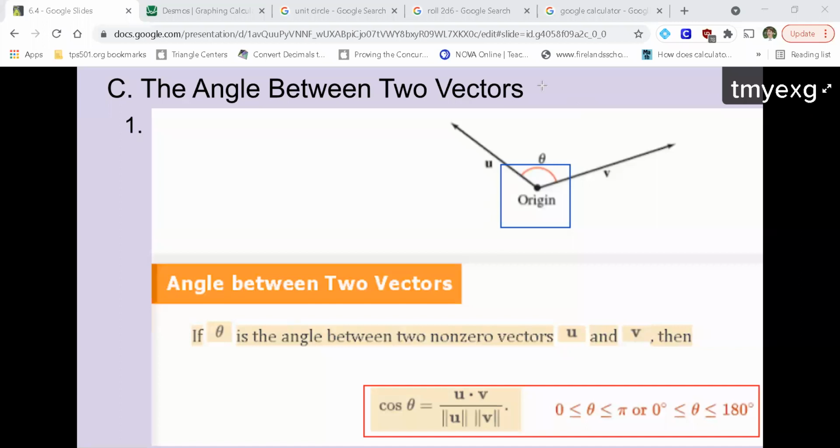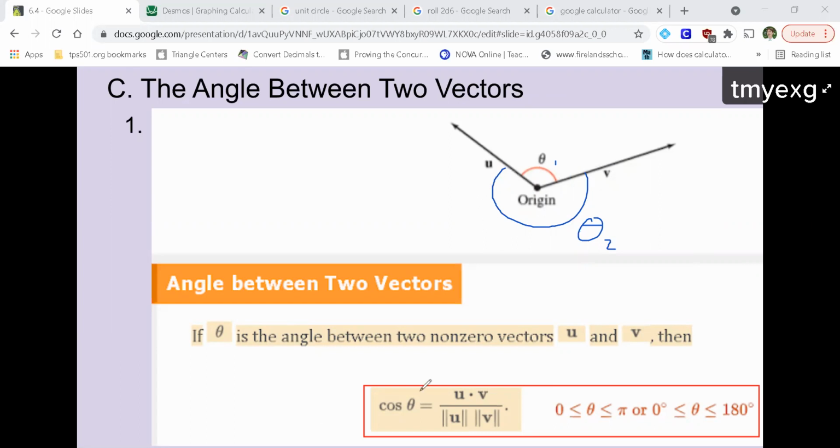Oh, that's not the right tool. Here's the right tool. Do you know what I mean by that? Between u and v, there's two angles, right? There's theta 1, which is this minor angle here, and there's theta 2, which is this major angle here.